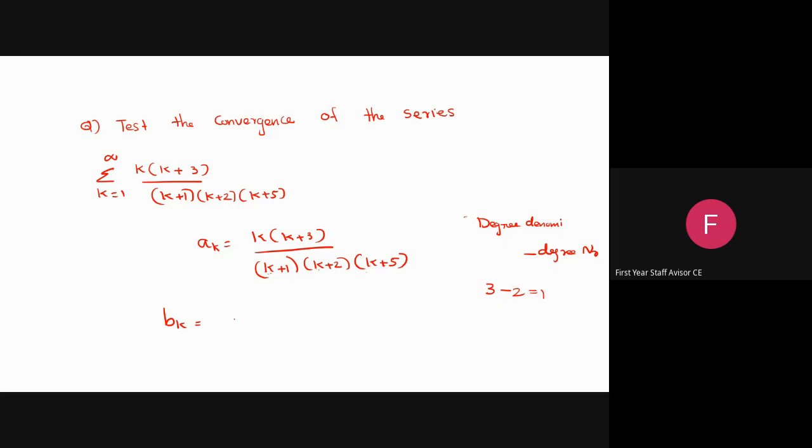So choose b_k as 1 by k, that is 1 by k raised to p type. Here p is 1, because p is equal to the degree of denominator minus the degree of numerator, that means 3 minus 2 equal to 1. So choose b_k as 1 by k raised to 1.